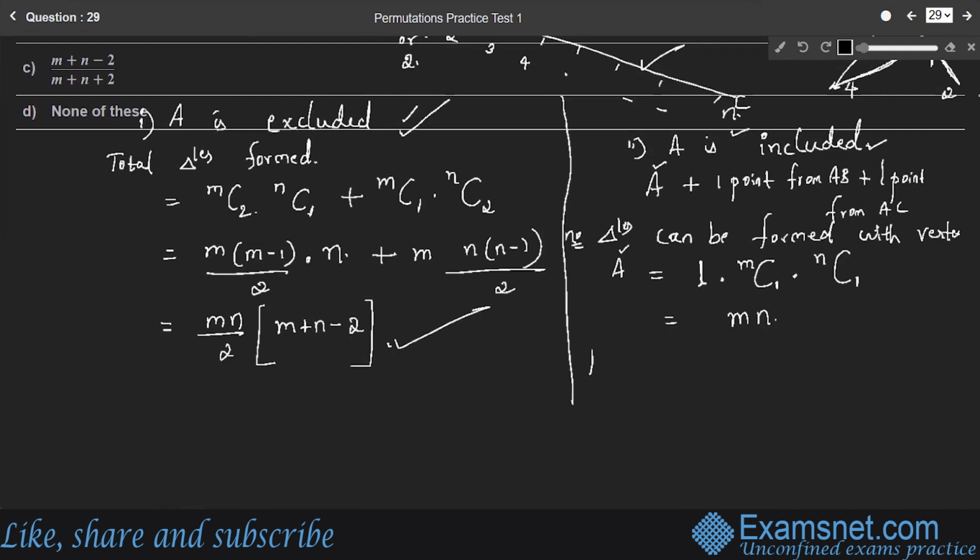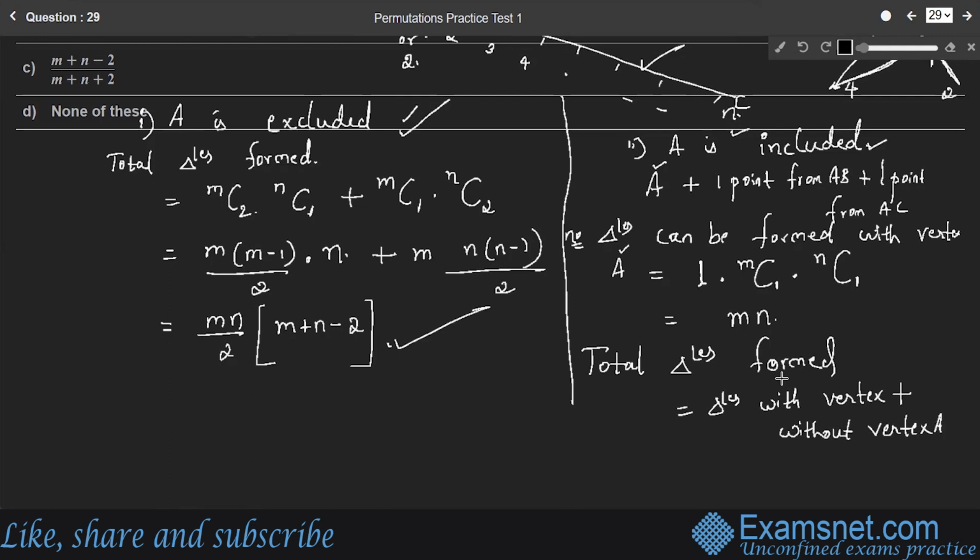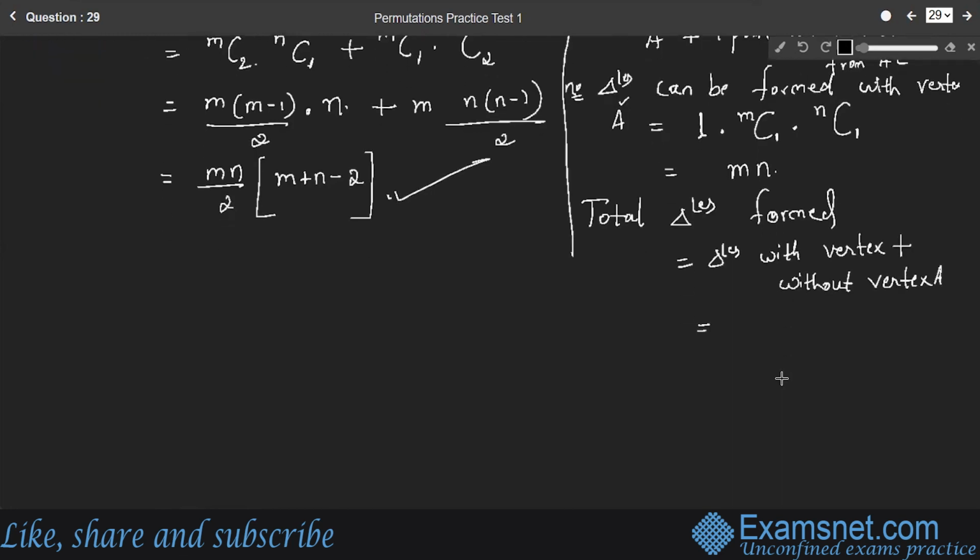Therefore, total triangles formed in the second case is triangles with vertex A plus without vertex A. Totally, we can form m into n plus mn by 2 into m plus n minus 2 triangles in the second case.